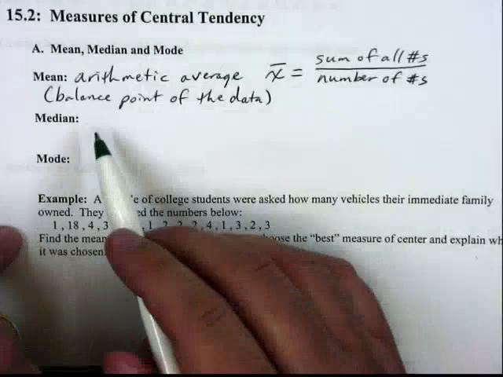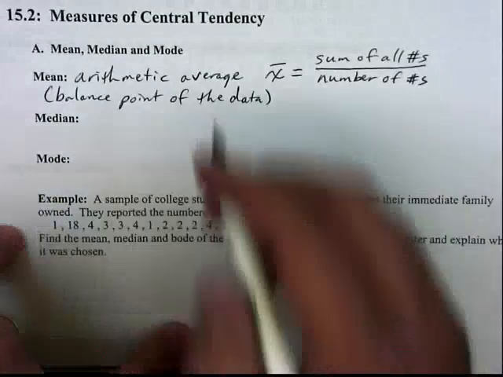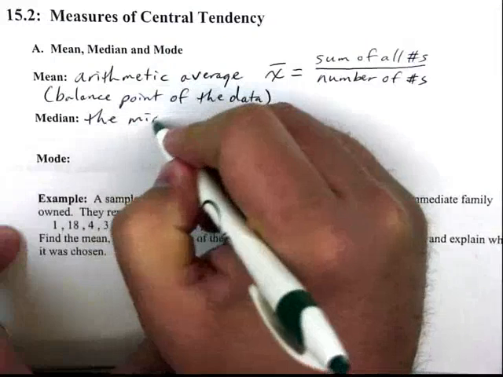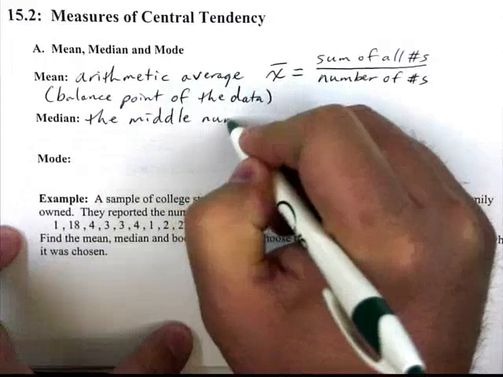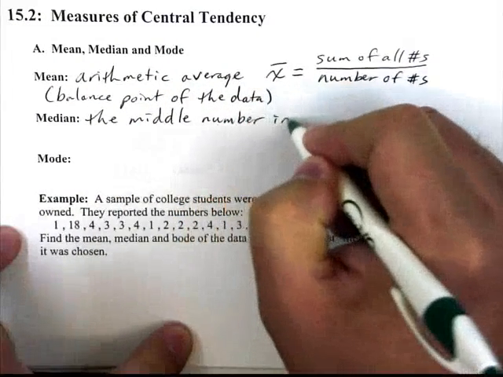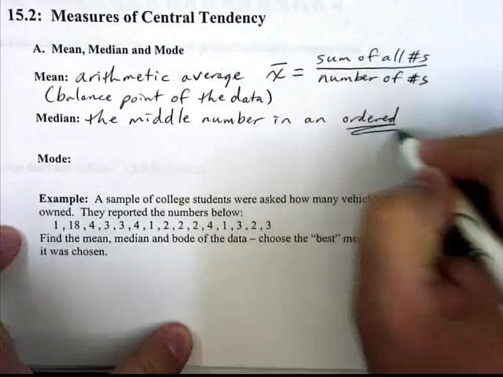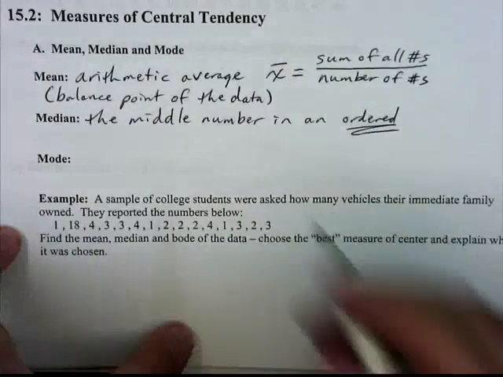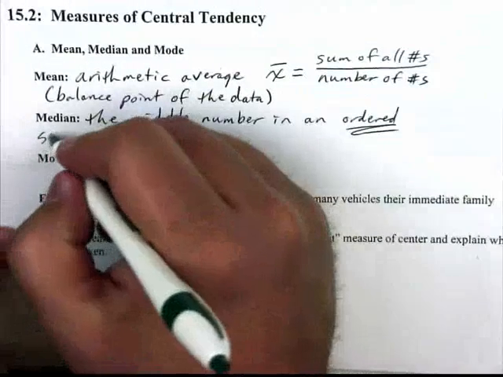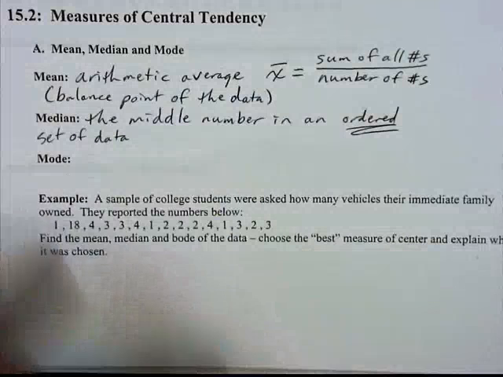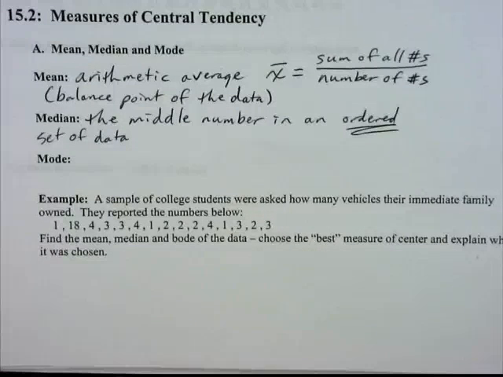The second type of measure of central tendency is the median. And the median is the middle number in an ordered set of data, and that's the key word, ordered. Alrighty, if we've got an odd set of data, it's pretty easy because you just take the middle number.